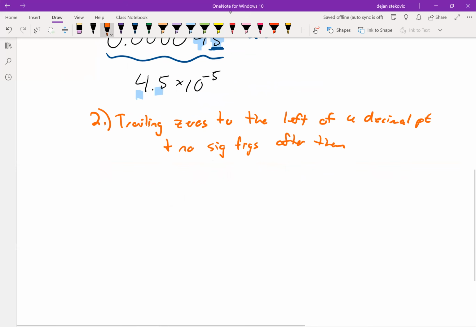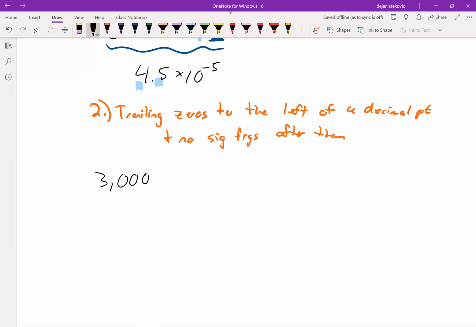For example, this number, 3,000,000. These are all trailing zeros. They're to the left of the decimal point, because if you think about where the decimal point is, it's right there. So they are not sig figs. In this case, this number only has 1 sig fig.